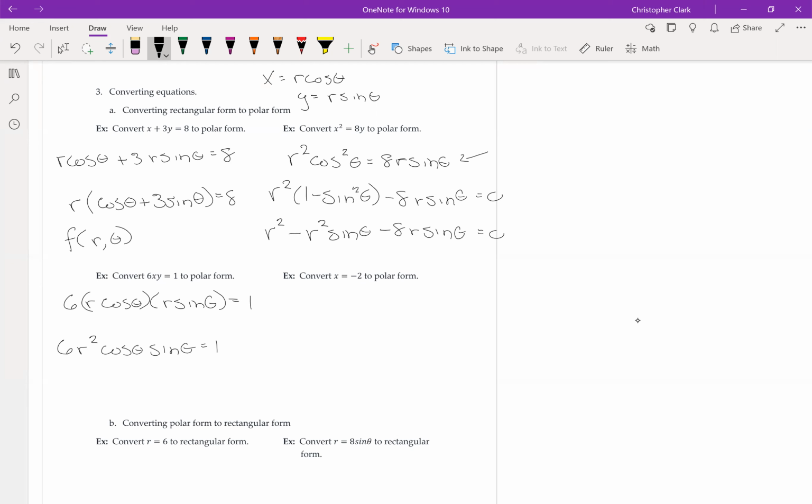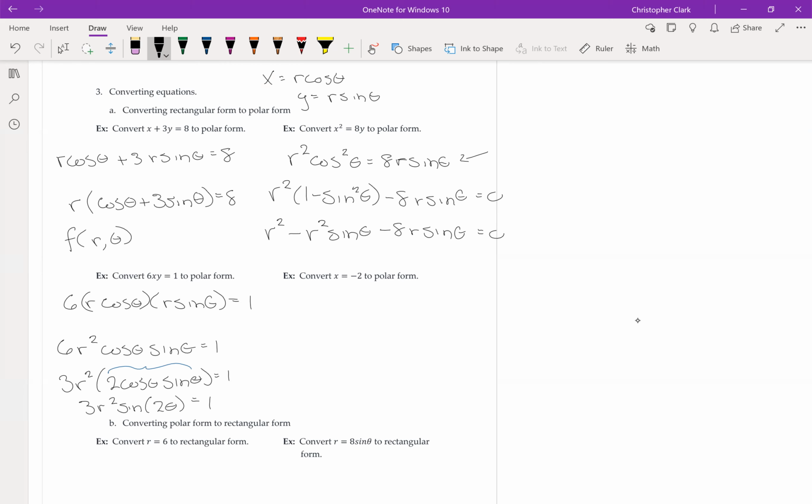So we'll say that this is 3r squared times 2 cosine theta sine theta equals 1. And we recognize this piece as our double angle for sine. So this is 3r squared sine 2 theta equals 1.